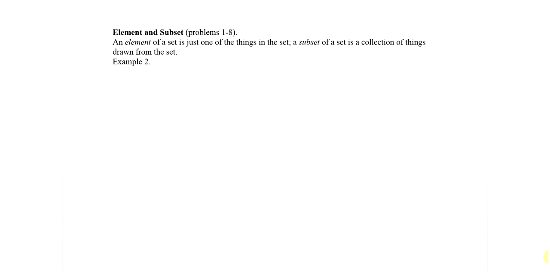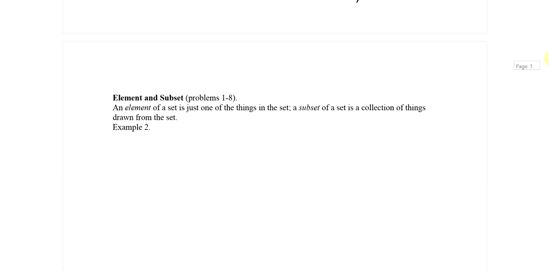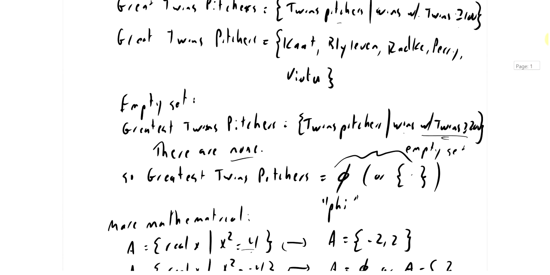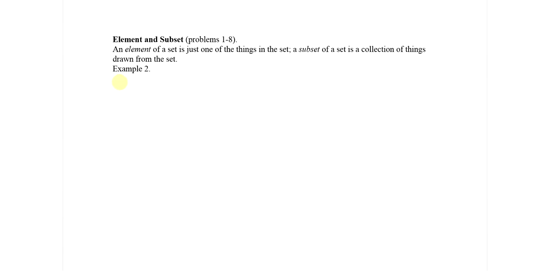So if we go back to our list of great Twins pitchers, right? Cott, Blyleven, Radke, Perry, Viola. If we just pick one of them out, Radke, for example, so Brad Radke is just one of the things in the list.